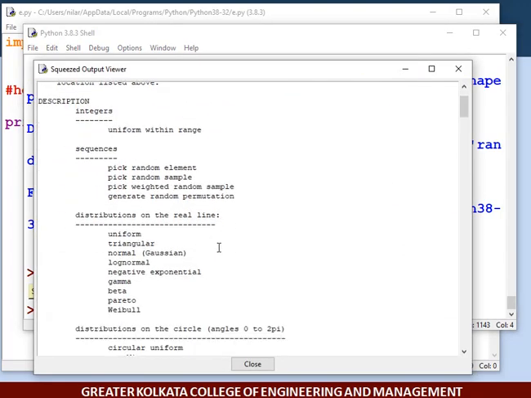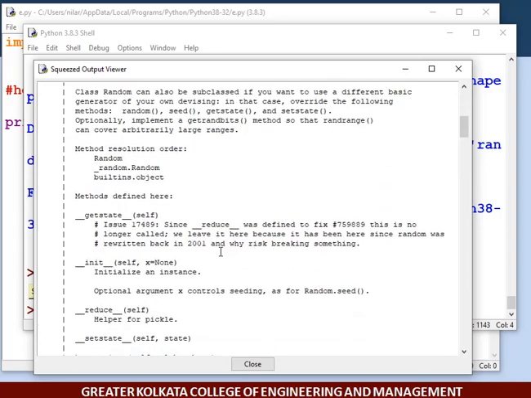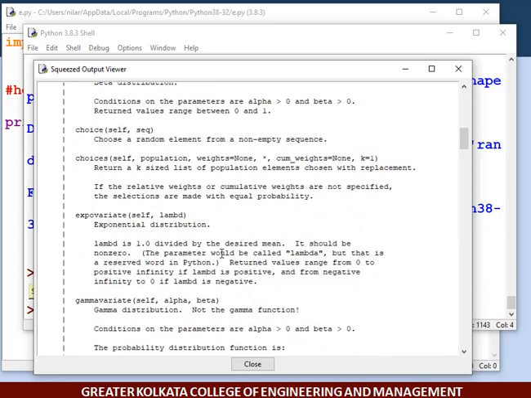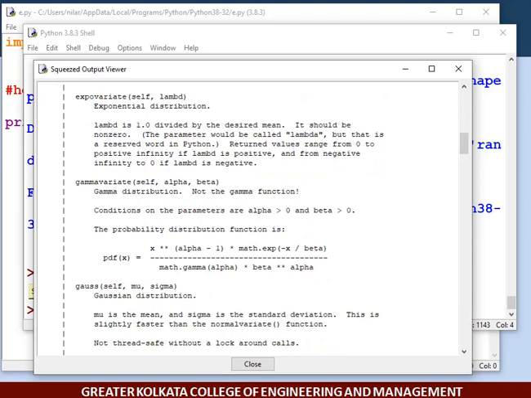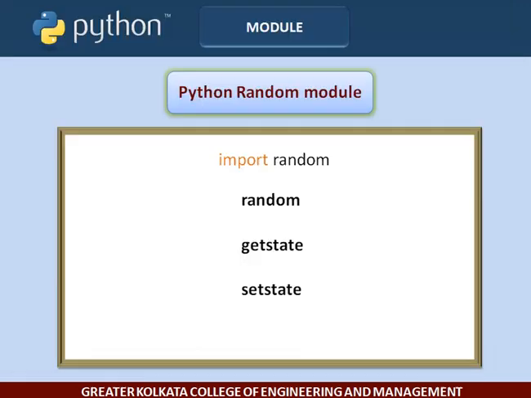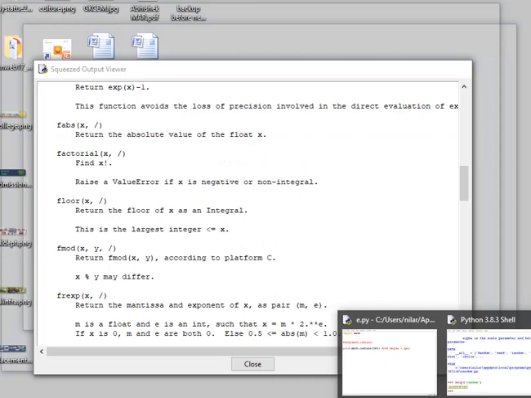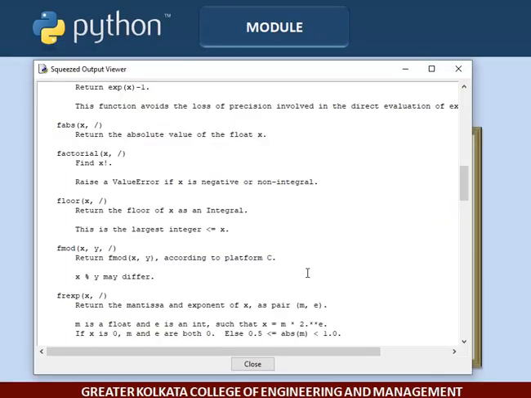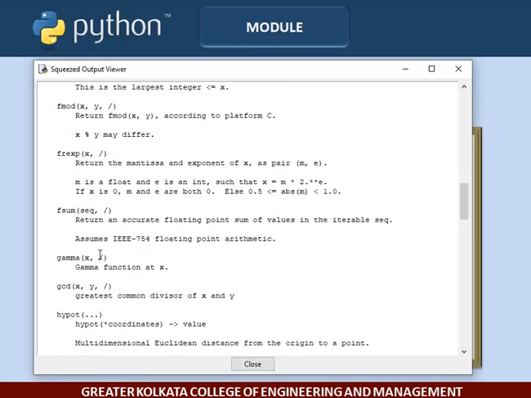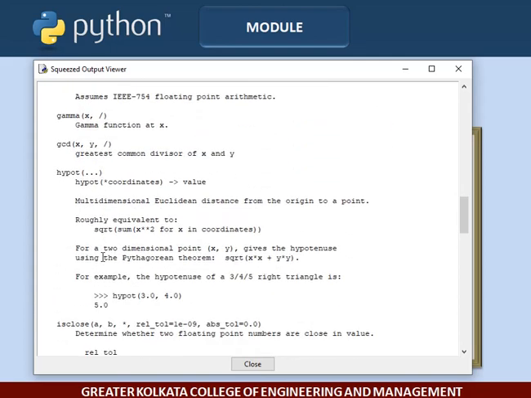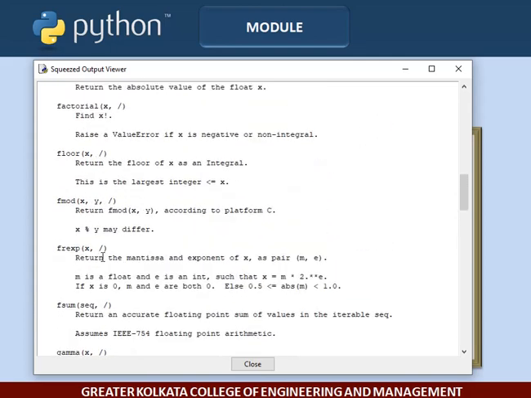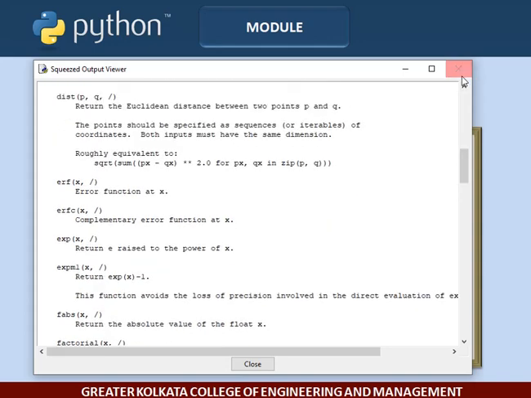These all are the random module functions available here. Specifically random, getstate, setstate, these are very helpful for us. There are many functions.